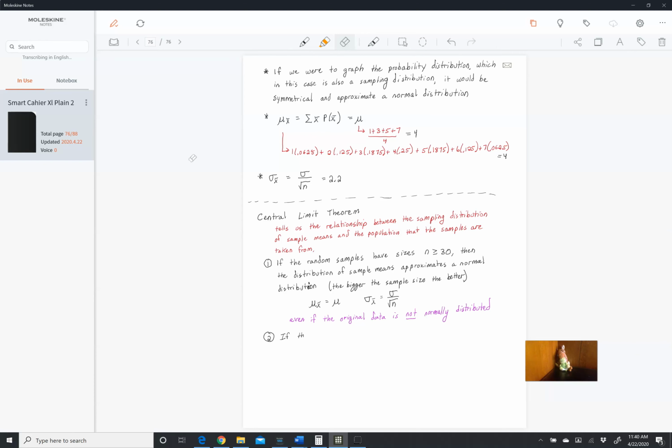So if the original data is normally distributed, then the distribution, I really should say sampling distribution, the sampling distribution of sample means approximates a normal distribution.